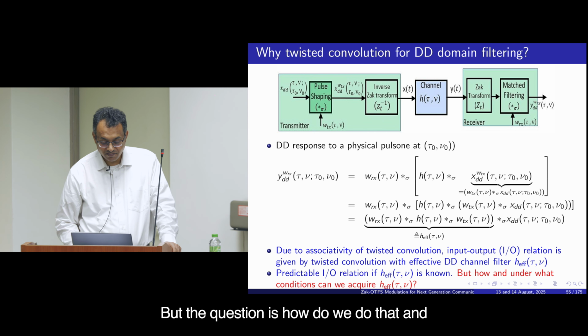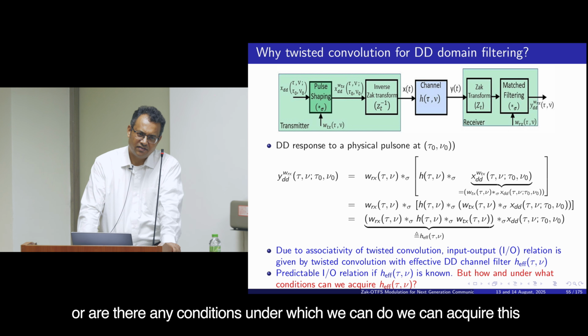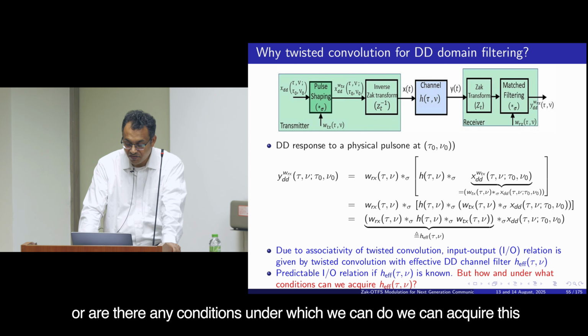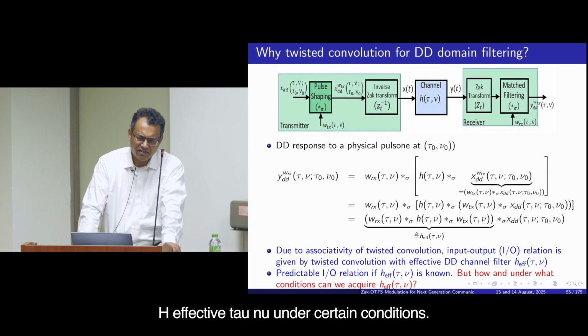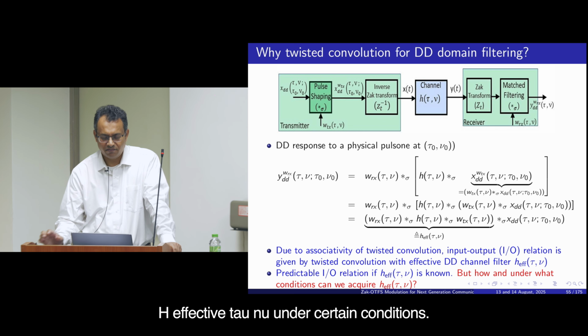But the question is, how do we do that, and is that always possible, or are there any conditions under which we can acquire this H effective tau nu?